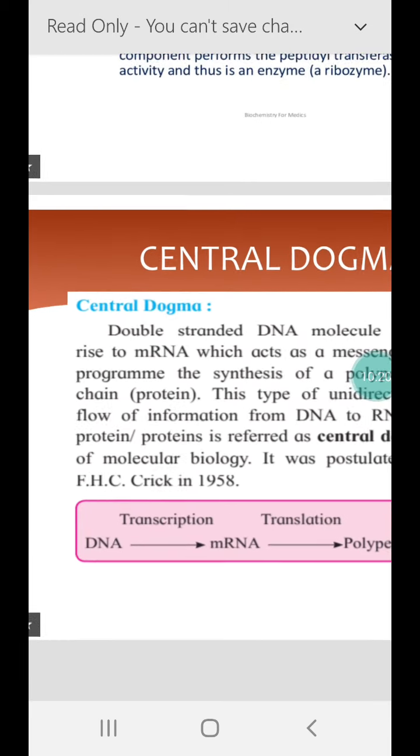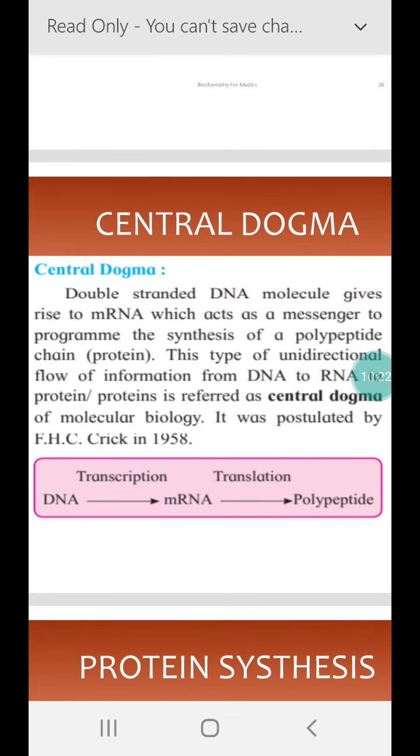Next is the central dogma. Now, what is the central dogma? Synthesis of mRNA from DNA is called transcription, and synthesis of polypeptide, or you can say protein, from messenger RNA is called translation.